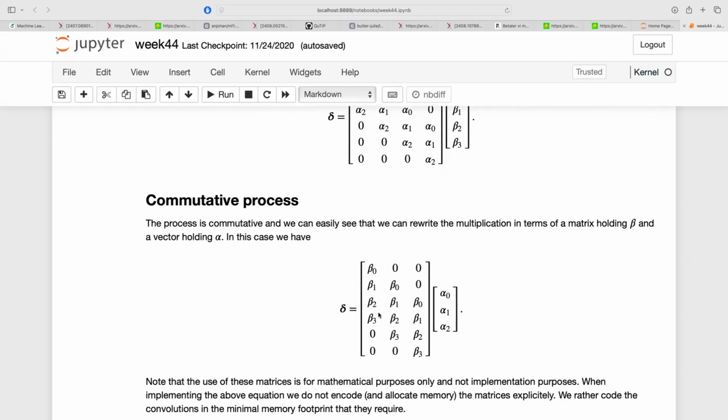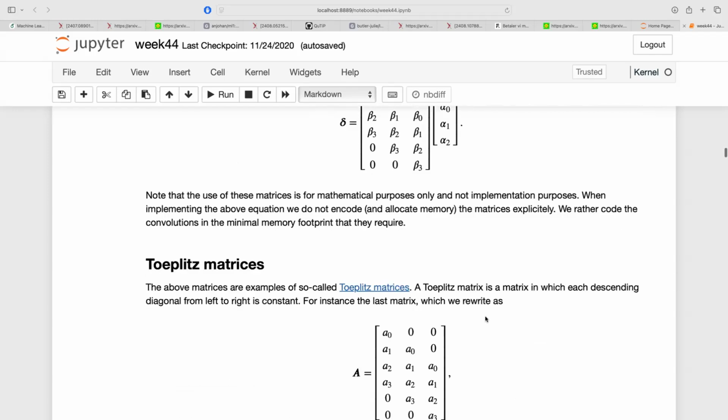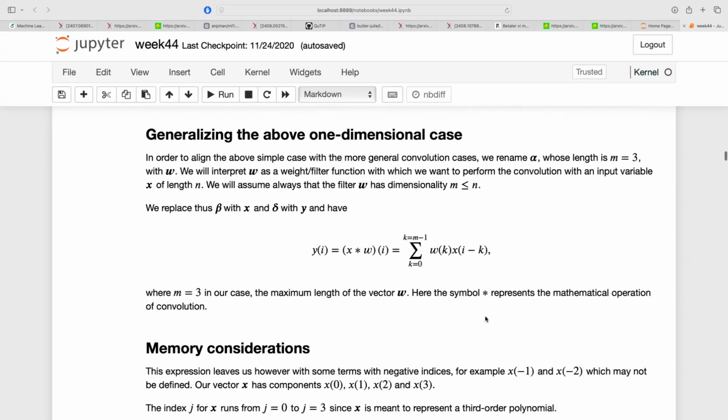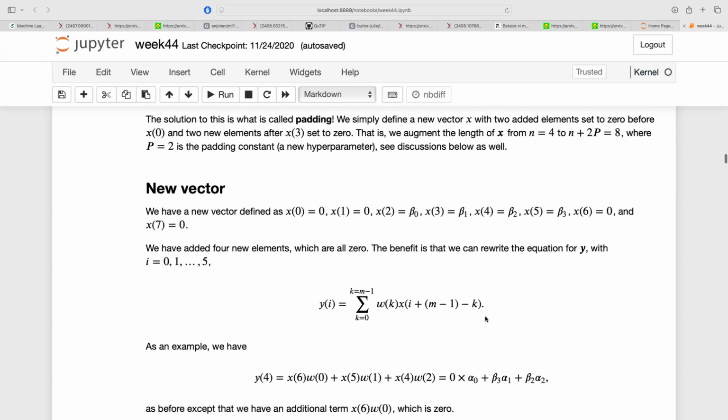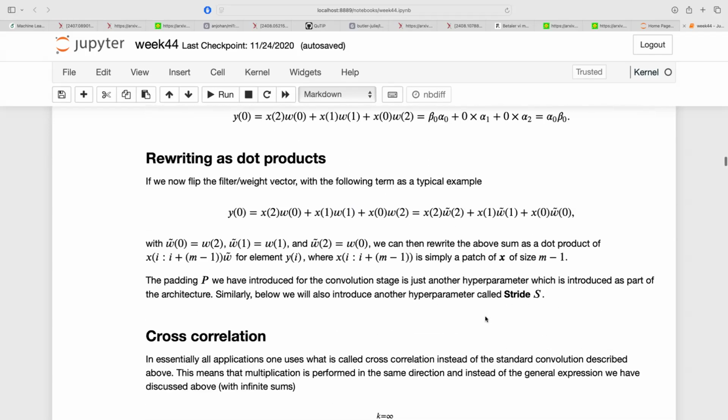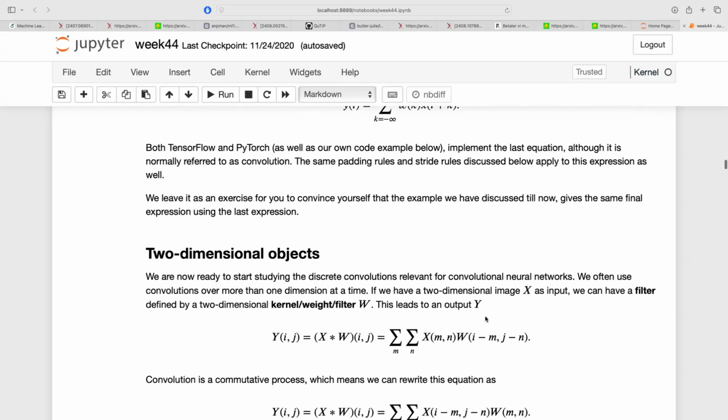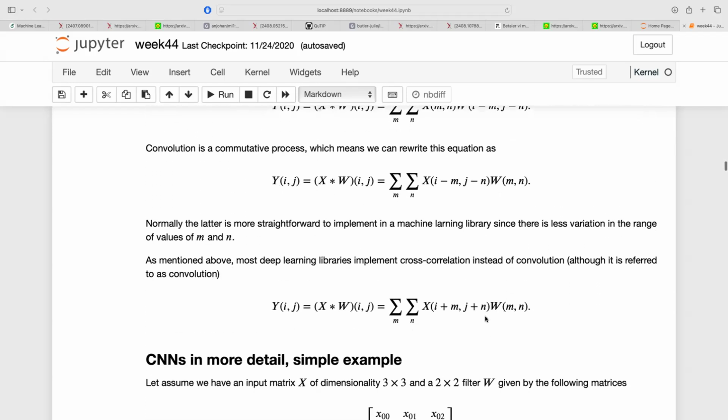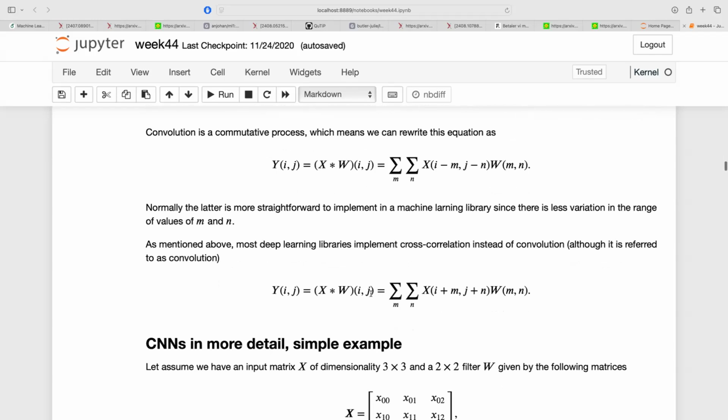From a computational point of view, this is normally the preferred way of doing it, because the filter has normally a lower dimensionality than the input. So the two-dimensional object is often rewritten in terms of this operation which you see here.